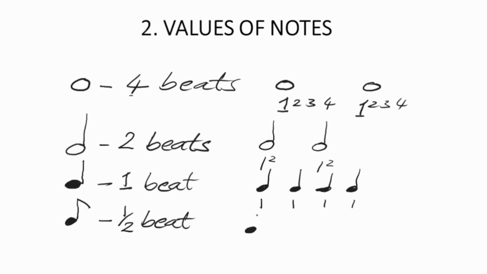To have 1 beat, we'll need 2 eighth notes. So these two together will form 1 beat. This is a half, that's a half, and together they form 1 beat.